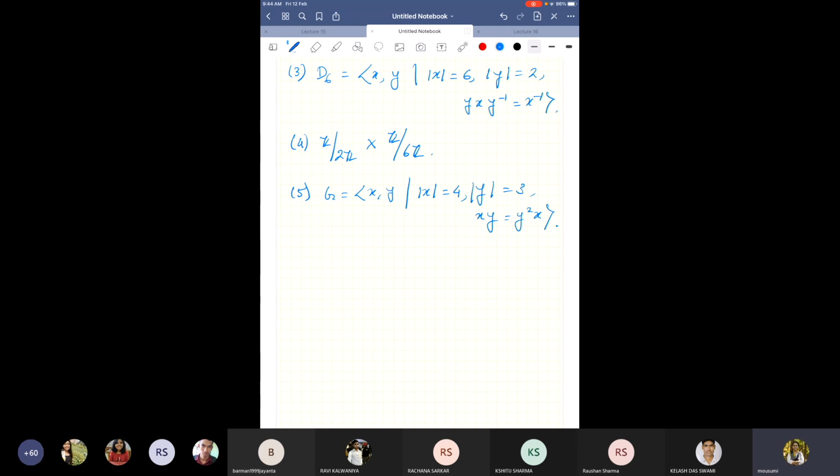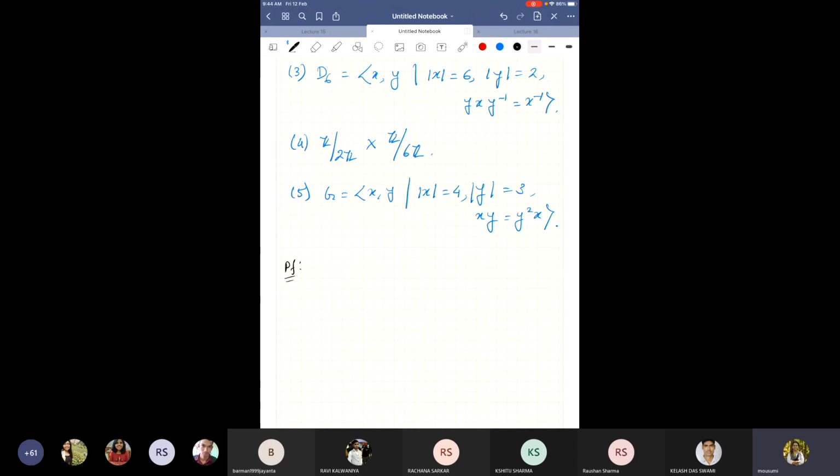You can see that 12 is such a small number, but still you have 5 different groups of order 12. Now let us see how we get all these 5 different groups.